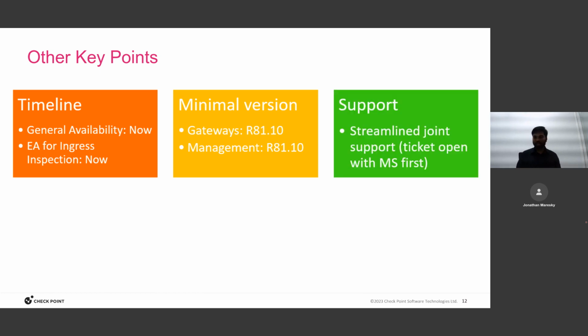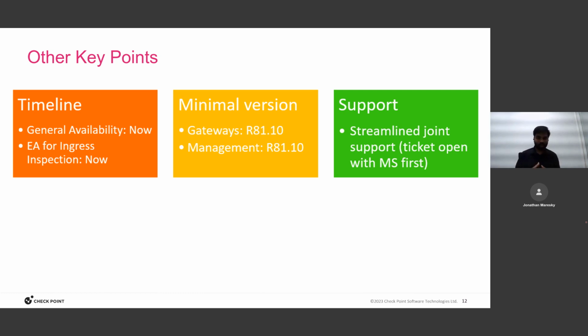Then support is again one of the key points for opting for the vWAN service along with CGNS security insertion: streamlined joint support. Here you can open a ticket with Microsoft first, and then we coordinate with Microsoft, and together we try to resolve your queries.